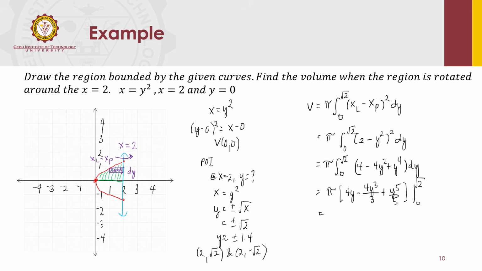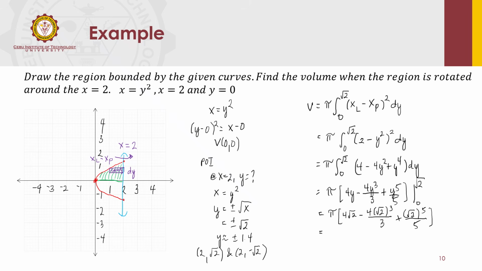For the upper limit, we plug in the value of y, which is square root of 2: 4 times square root of 2, minus 4 times square root of 2 quantity cubed over 3, plus square root of 2 quantity raised to the power 5 over 5. And for the lower limit, the expression is just equal to 0, so we don't need to write that.